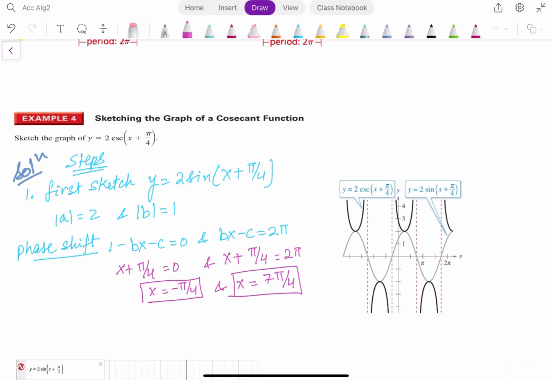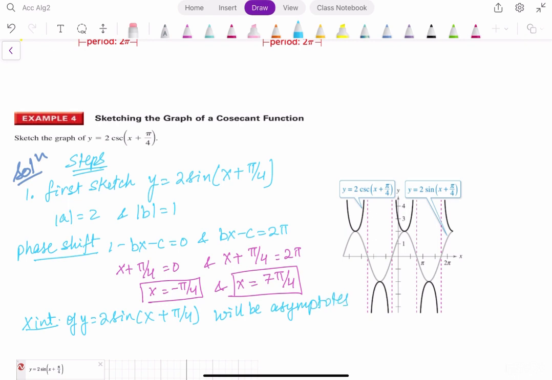Now on the right hand side you can see the graph, but I will show you the graph of the sine function to make it more clear. Now when we are talking about the x-intercept, the x-intercept will happen at negative pi fourths. So when we are talking about the x-intercept, we are talking about the x-intercept of the sine function.